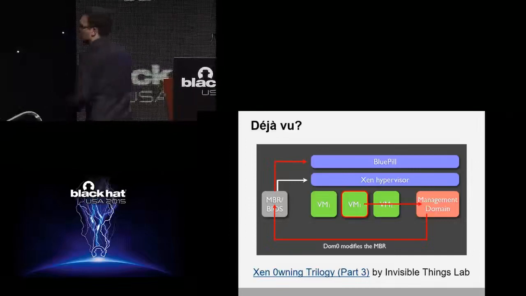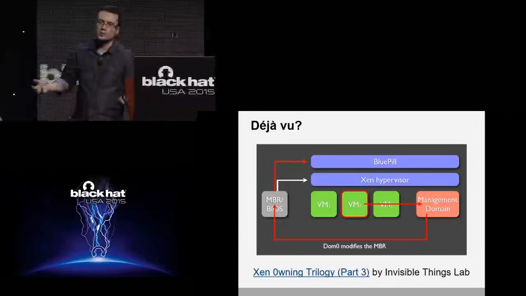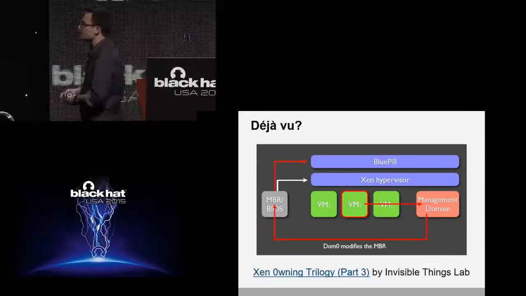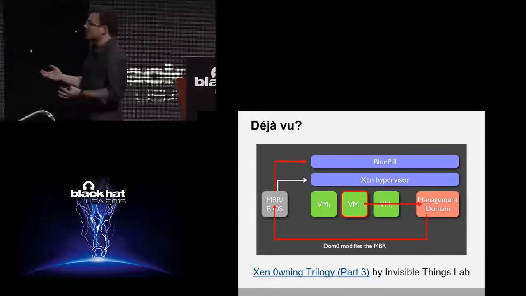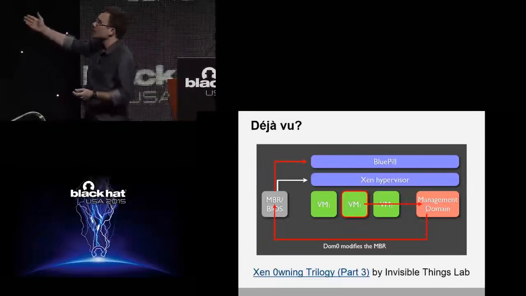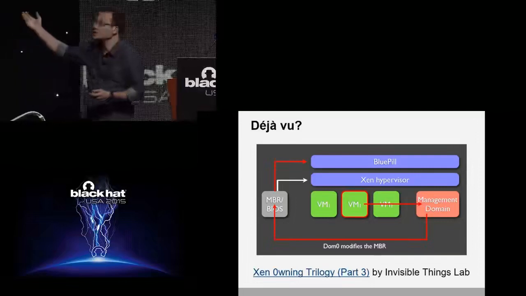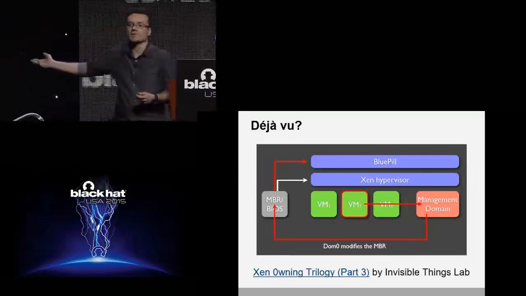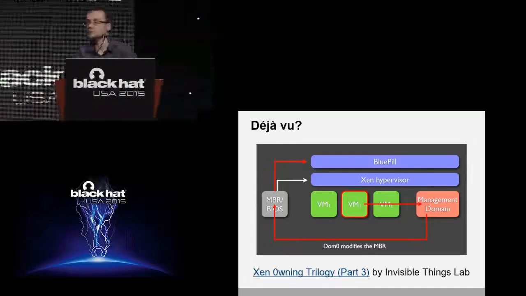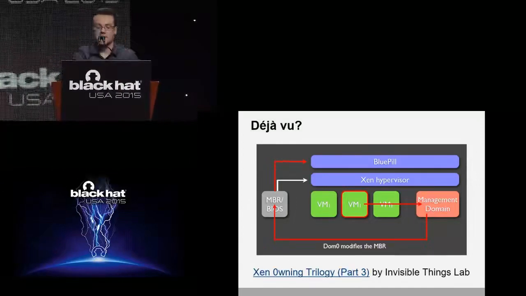So if we go back to when Invisible Things Lab explored, they've already explored those kinds of mechanisms to use firmware, in this case legacy BIOS or MBR, to either compromise a hypervisor or install a hypervisor underneath it, the Blue Pill hypervisor. So this is basically the same idea.